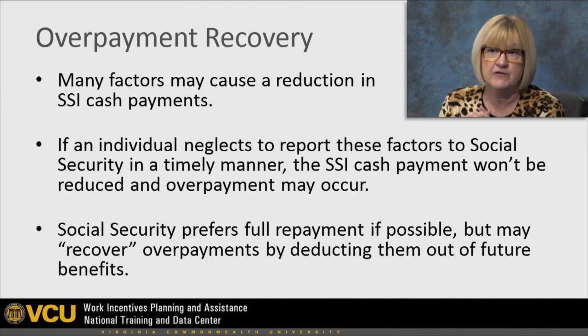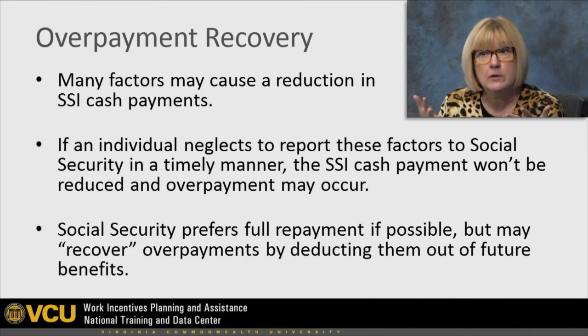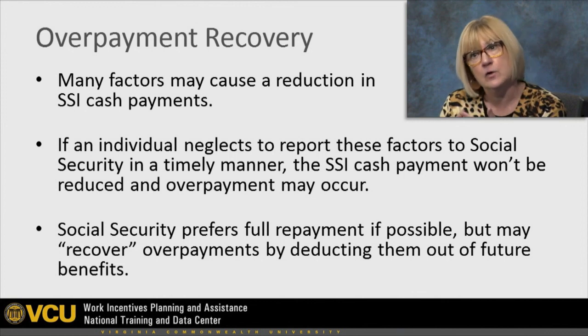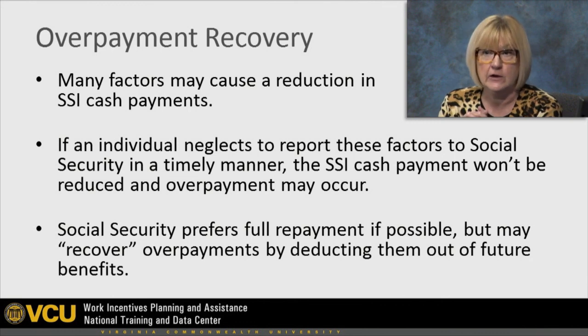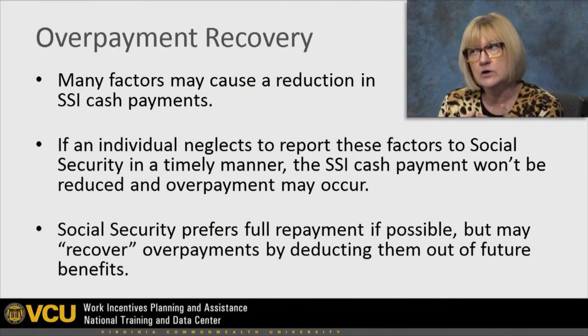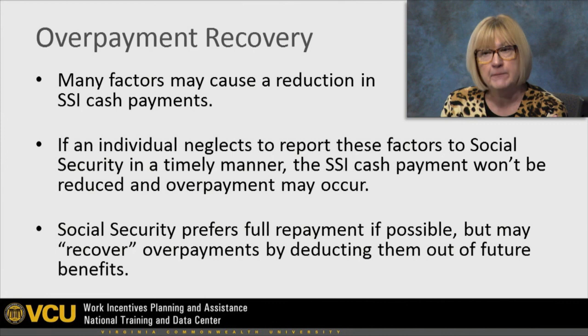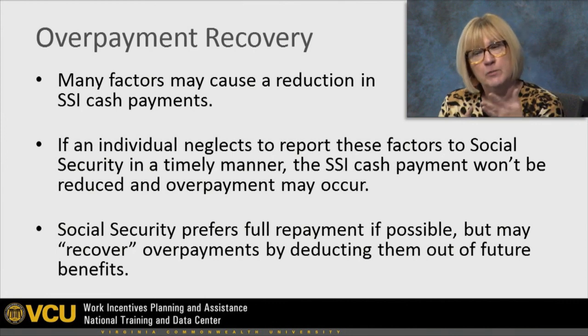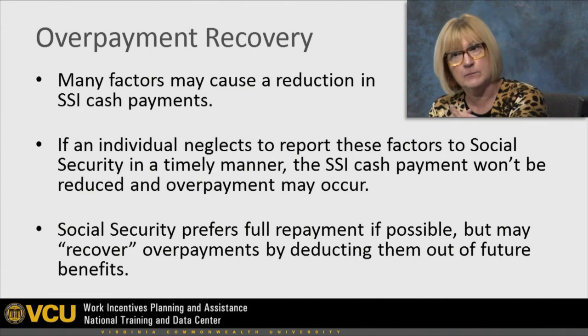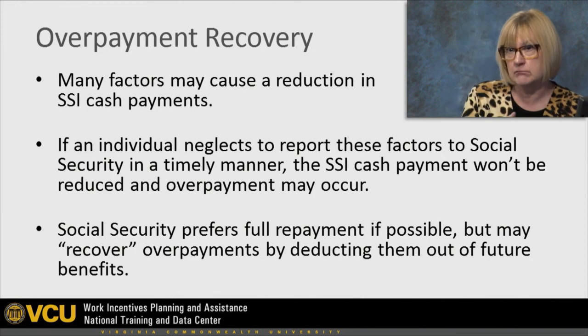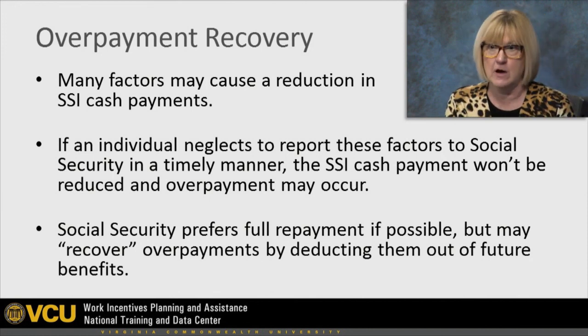Well, unfortunately, beneficiaries don't always remember, or maybe they didn't know what they had to tell Social Security. And so it gets to that redetermination time, and Social Security notices, oh, you had this income, or you got married in this month, and we provided you with a check that was X amount, but it should have been this other amount. It happens all the time.